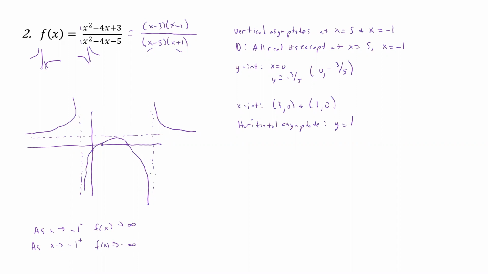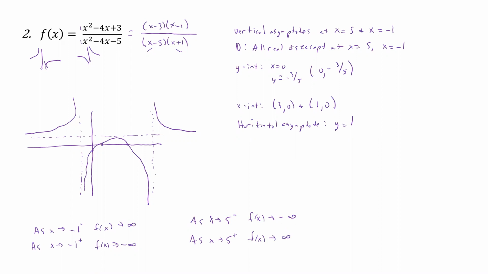Then when we have the 5 here, as x approaches 5 from the left, f of x is going to approach -infinity. And as x approaches 5 from the right, f of x approaches positive infinity.